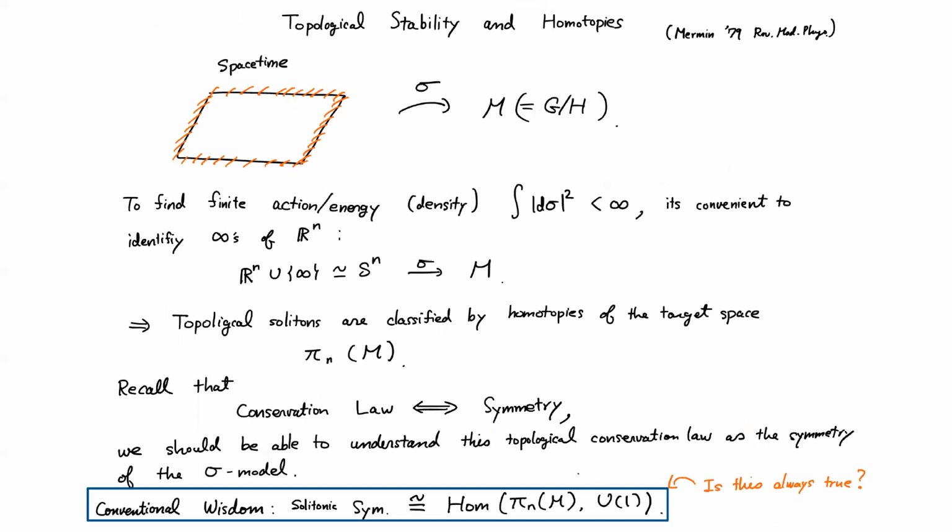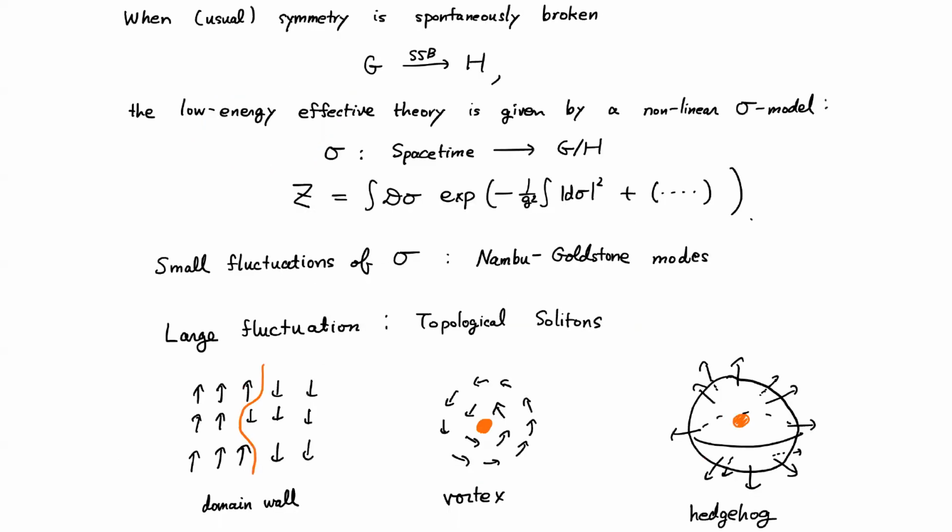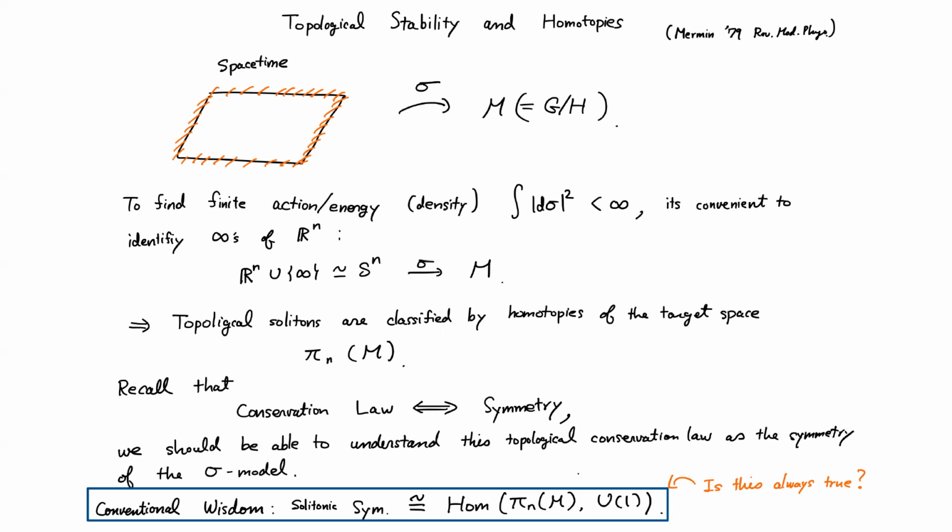In this case, we are considering the space of mappings sigma. Remember, sigma is a mapping from space-time to the nonlinear target space G over H. To find a nice topological soliton, it should have a finite action or energy density. To have a finite action, the field configuration on the infinite boundary should point in a specific single direction in the target space.